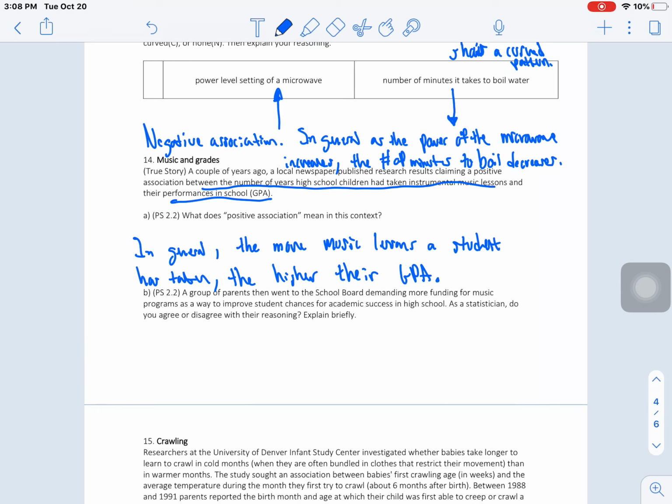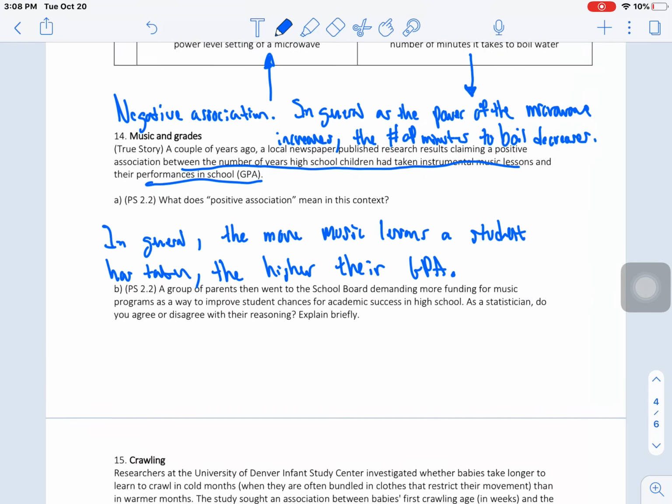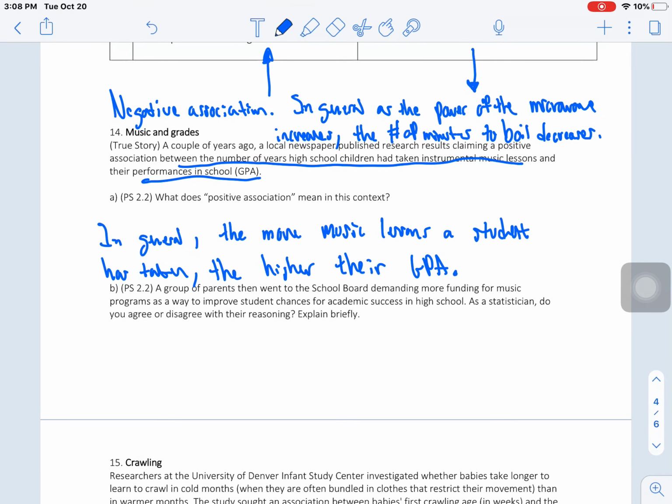Now, letter B says that since we saw this correlation, the school board is saying, hey, we need to make every kid take music class. That way, all their scores will go up. As a statistician, do you agree or disagree with this reasoning? Just because there is a correlation does not mean that there is cause.